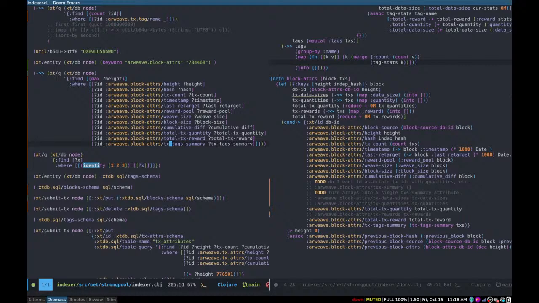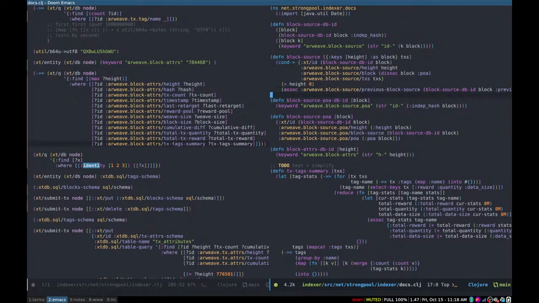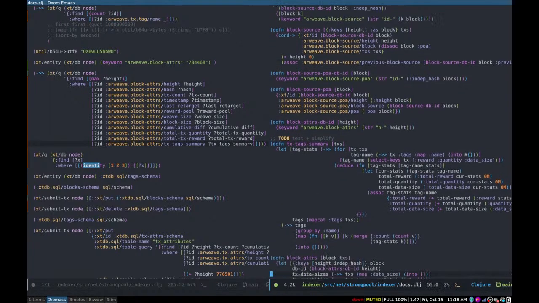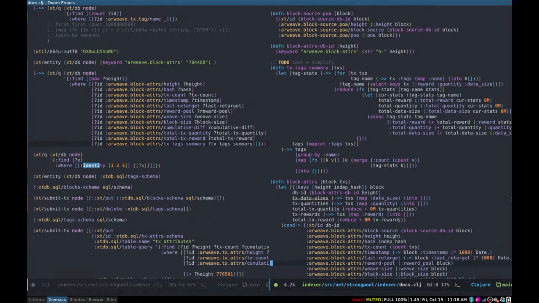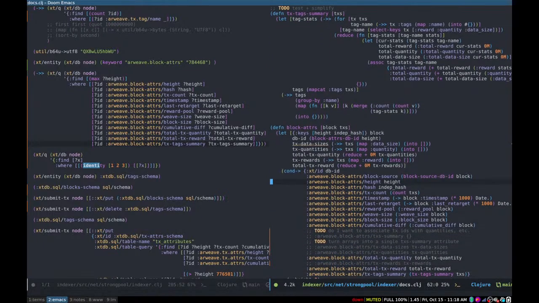Okay, so we have this tag summary, which, oh, I guess I don't have a... I should make schemas for some of the things going into XT, so I can talk about them because it's really hard to look at this slightly janky function and know what's coming out of it. I did so well. I think that was the first time I messed it up in the stream.